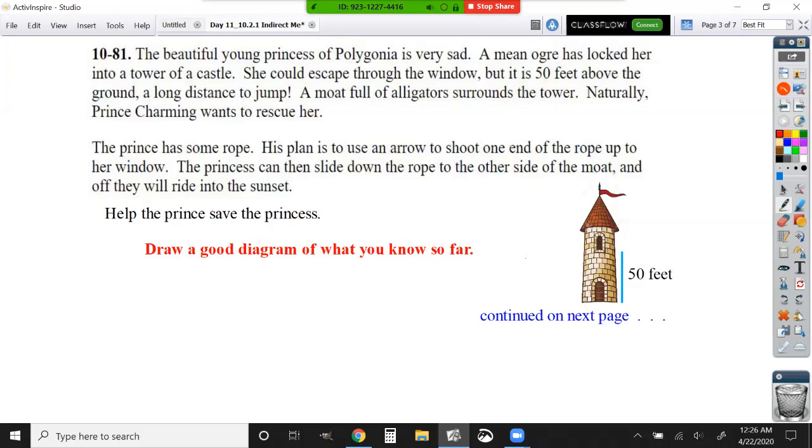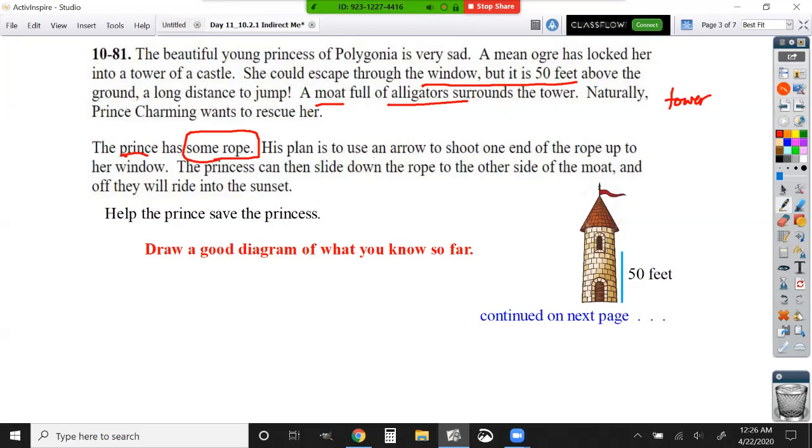So some of the things that your diagram should have is it should have a tower. There's a window 50 feet above the ground because that's where she is. She's stuck in that tower. There's going to be a moat around the tower and alligators. And then there's a prince, and the prince has a rope.